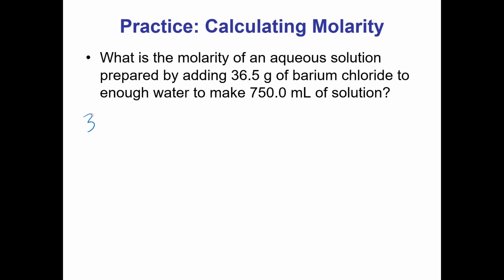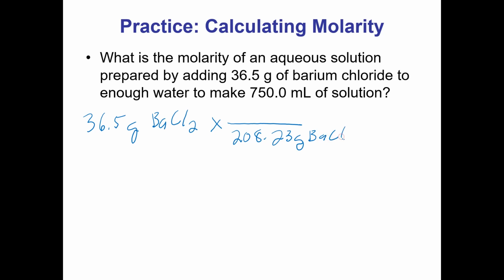So we have 36.5 grams of barium chloride. And if you calculate the molar mass of barium chloride, it comes out to 208.23 grams per 1 mole of barium chloride.